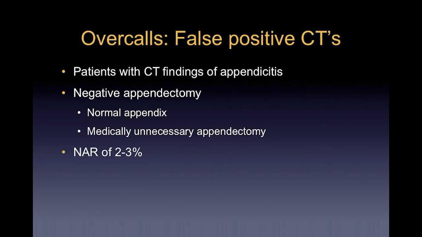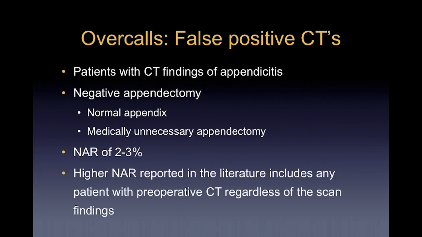The negative appendectomy rate of 2 to 3% is probably the true statistic that we should be measuring ourselves by as radiologists. We tend to overcall appendicitis at CT in about 2% of cases.